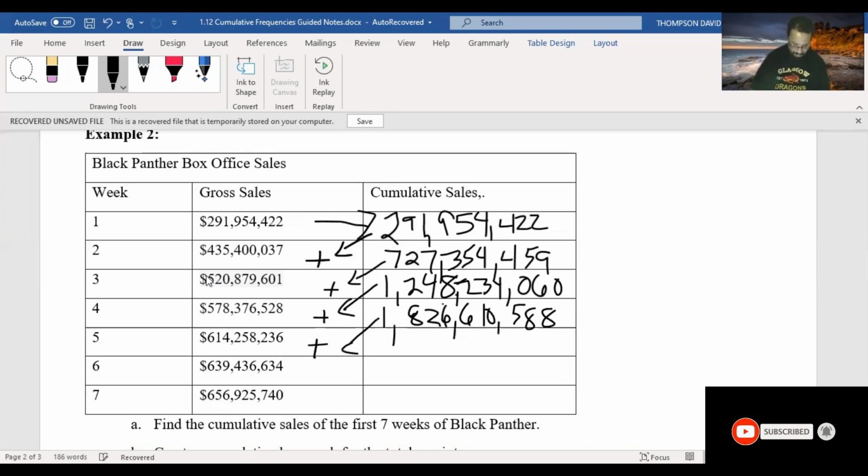So it looks like by the end of week 5, we should have broken 2 billion. So add in the $614,258,236, and that's 2,440,868,824.